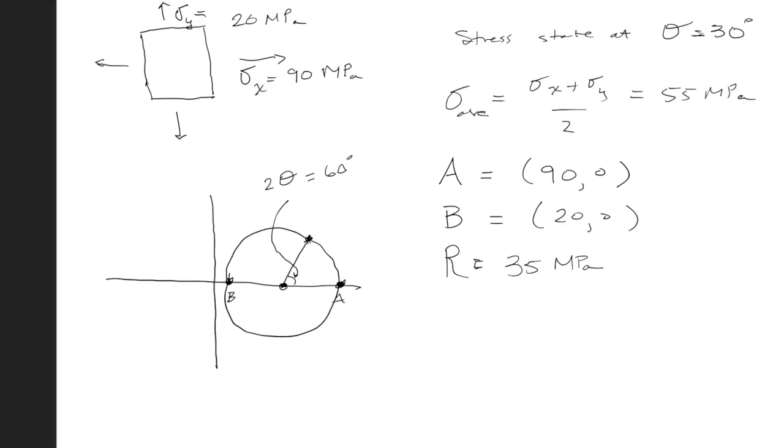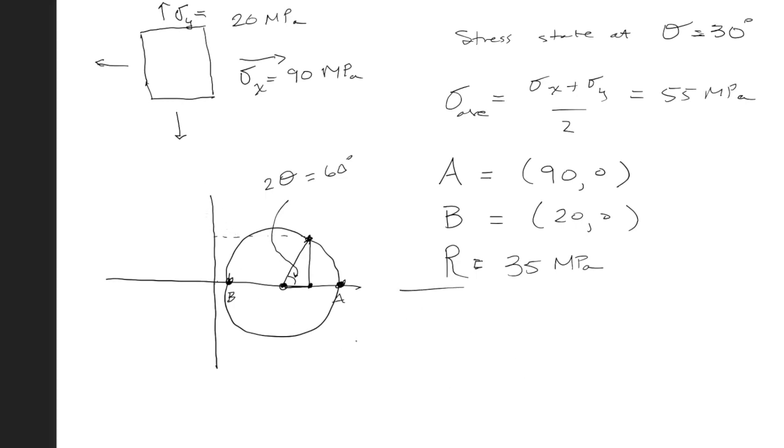Okay, so now this is nothing more than just geometry. So I need to know the distance from the origin to this point. That's going to give me the normal stress, and then the distance from this point to this point right here gives us this shear stress.